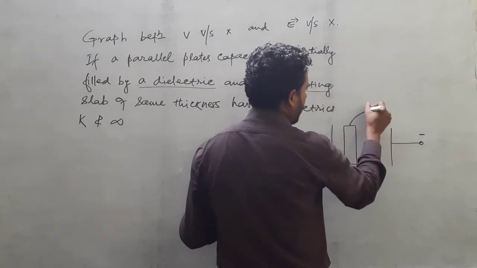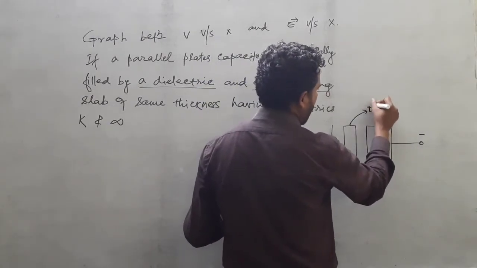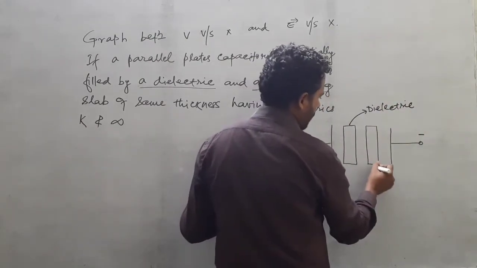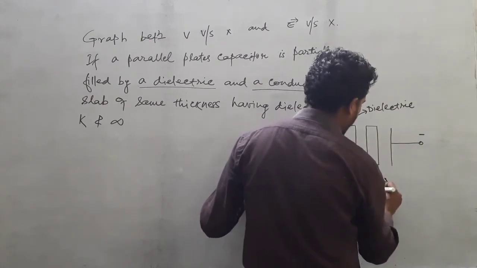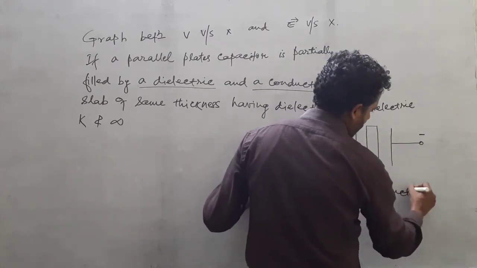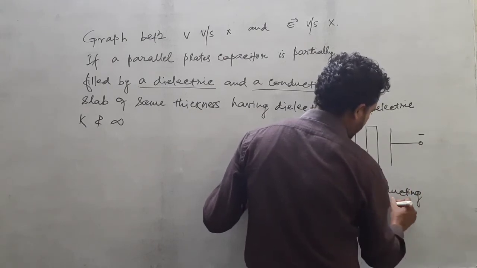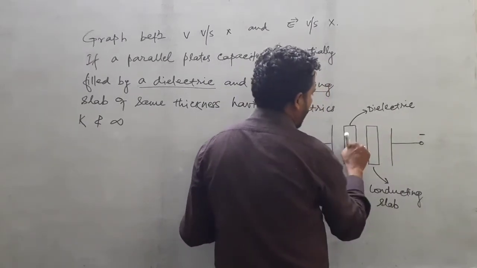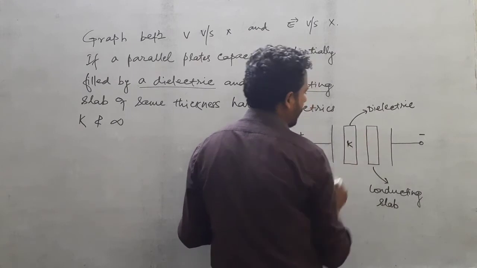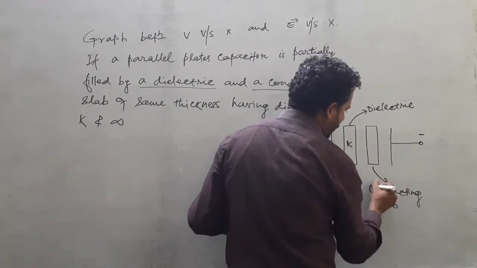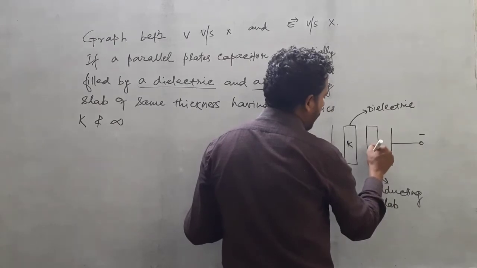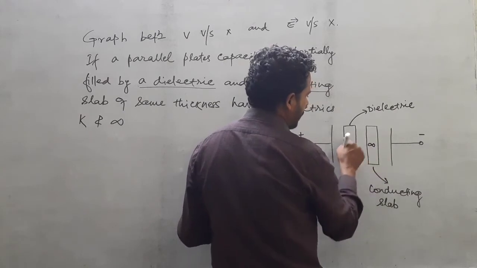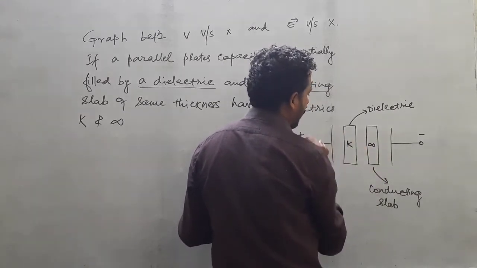See, this one is a dielectric, and this one is a conducting slab. The dielectric has dielectric constant K, whereas the conducting slab has dielectric constant infinite.